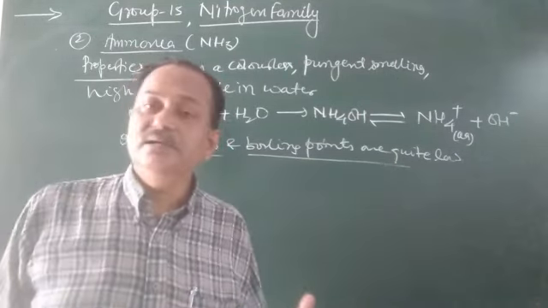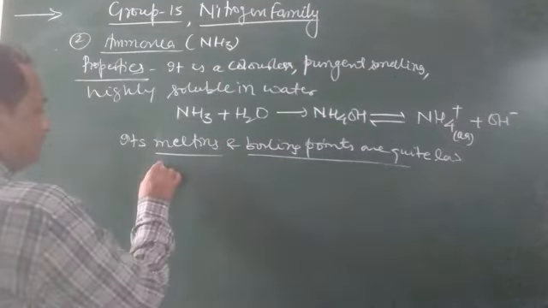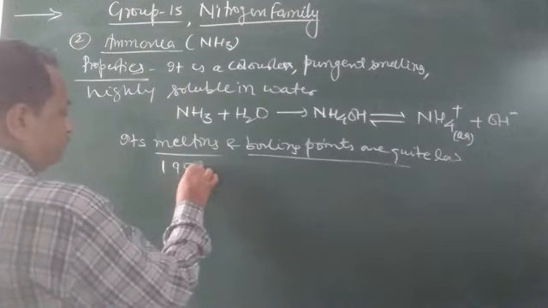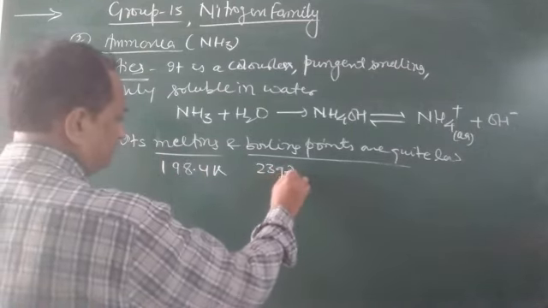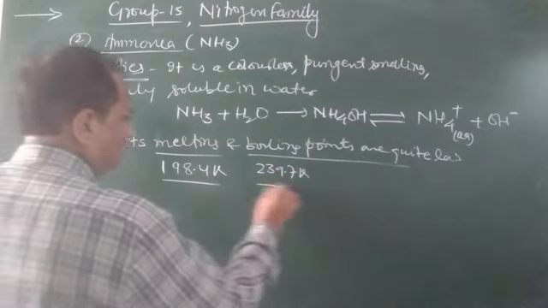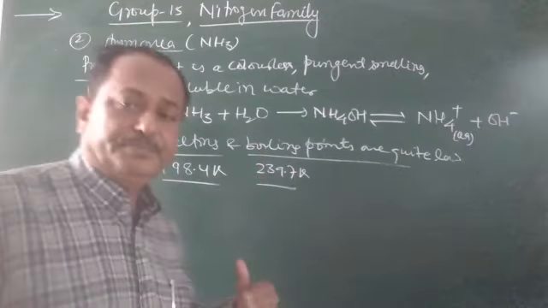It is a quickly liquefiable gas. The melting point is 198.4 Kelvin and the boiling point is 239.7 Kelvin. These are very low conditions. So this is their brief introduction.